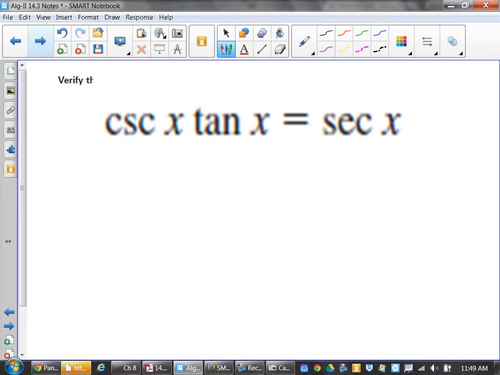What happens if it doesn't verify out? You did something wrong. So if they ever give us a verify problem, we know it has to equal that.